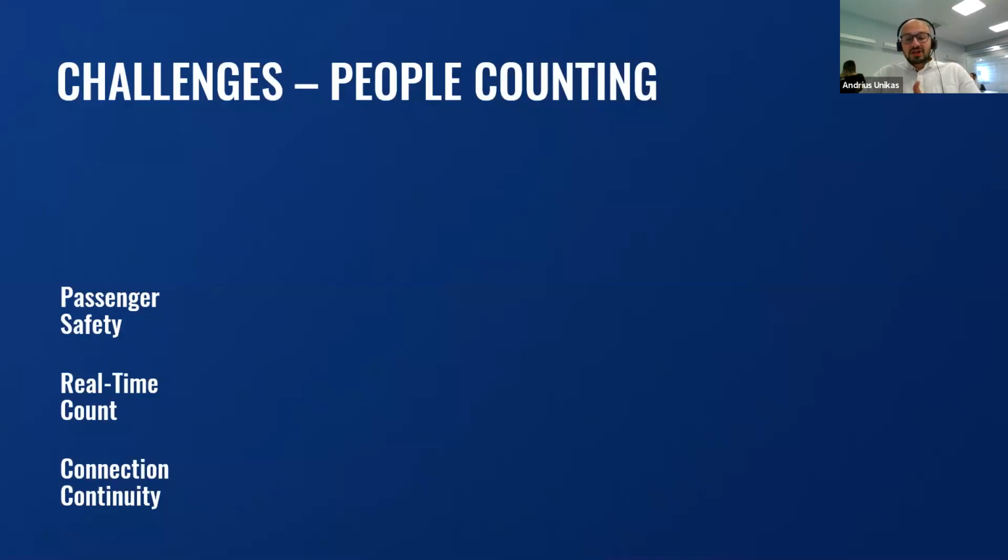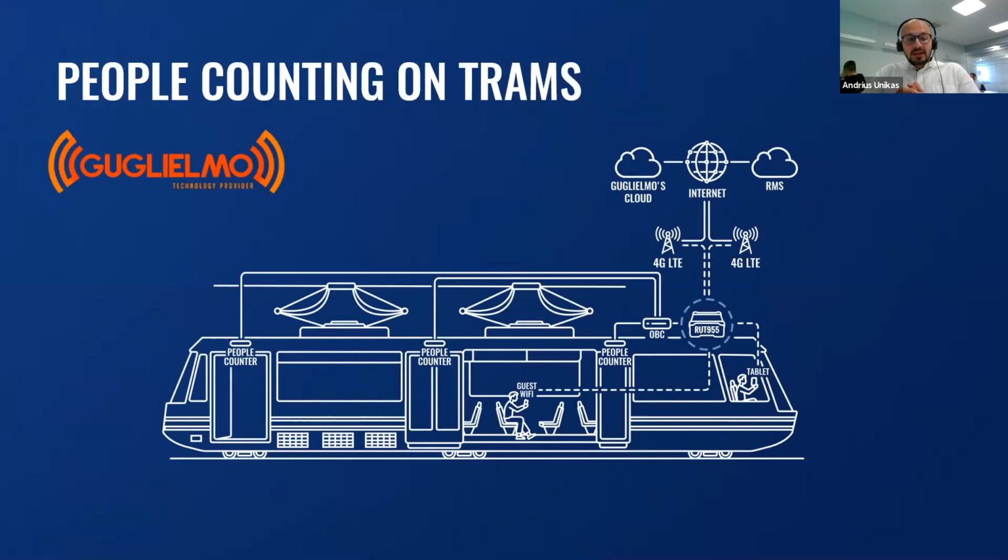The connection continuity is a must in such a solution, and the network should work reliably in a moving vehicle all around the city. So a company which managed to do it is called Guglielmo, founded in Italy in 2004. It has created an anti-COVID people counting system, which officially became a part of public transport network services.